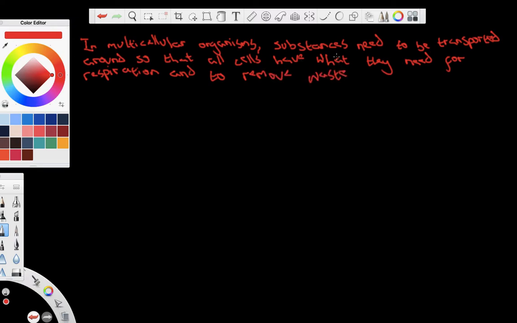So this says, which is a very important thing, that's why I've put in red, in multicellular organisms, substances need to be transported around so that all cells have what they need for respiration and to remove waste.